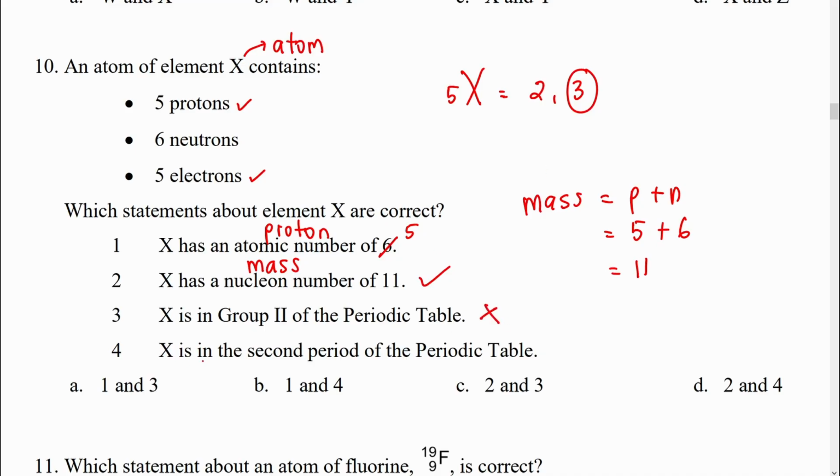Next, X is in the second period of the periodic table. How do I know it is the second period? Because it contains 2 shells, right? So this is the first period and this is the second period, okay? So yeah, that's correct. So the correct answer here is 2 and 4, which is D. Question 11.